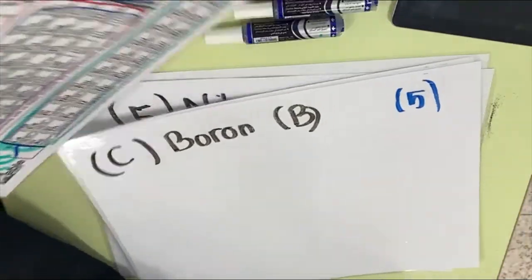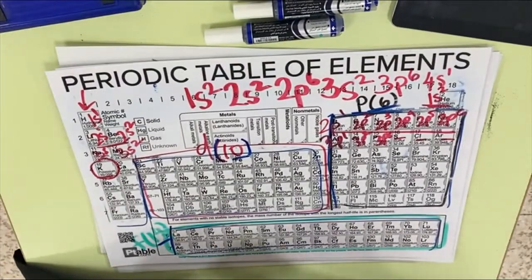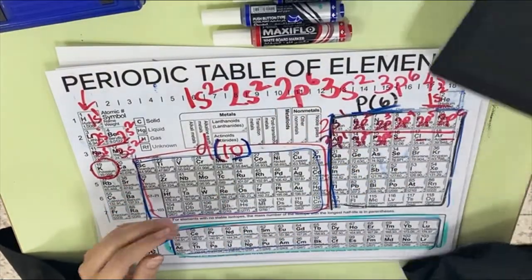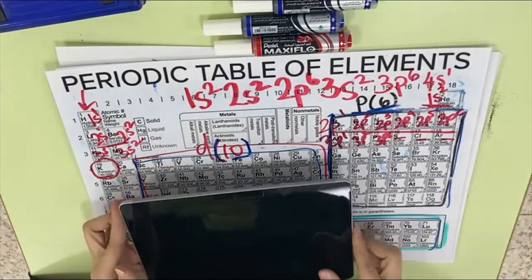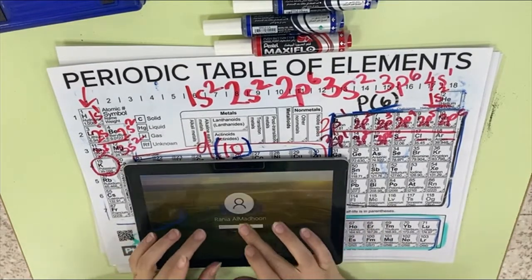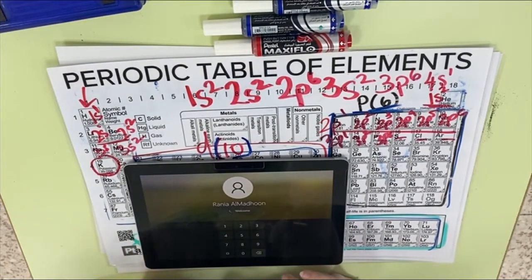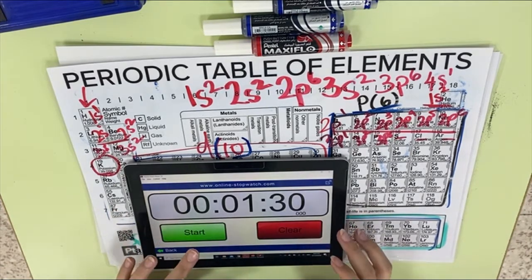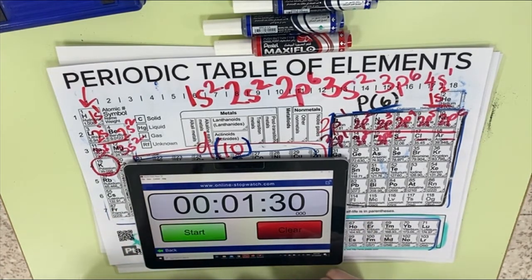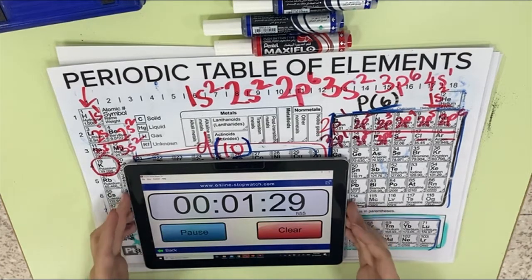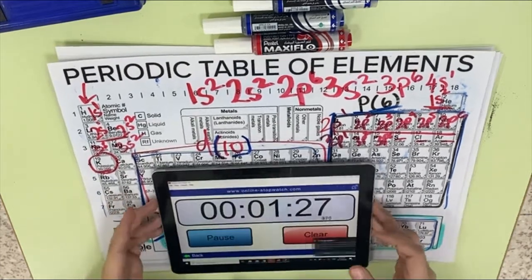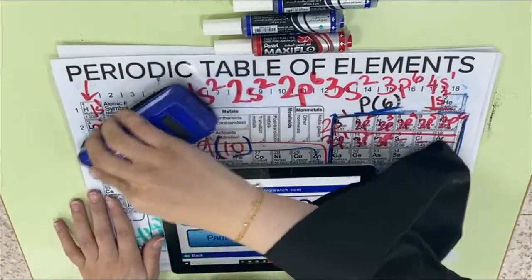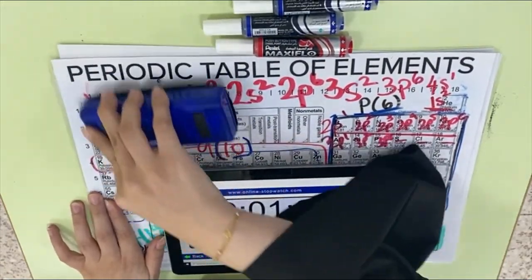Now we have boron. I'm going to give you a timer of 1 minute and 30 seconds. And you are going to be doing the electron configuration for boron. Use the periodic table. Keep your notebook handy. As you solve, I'll be erasing so we can prepare for our next examples.